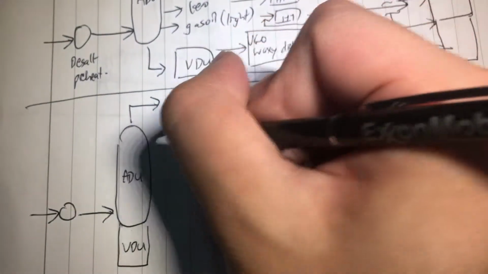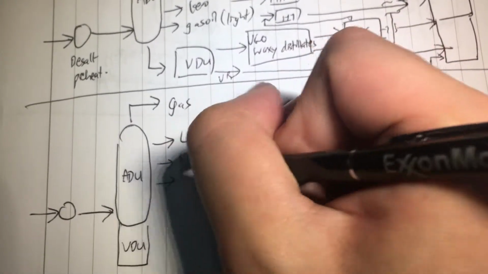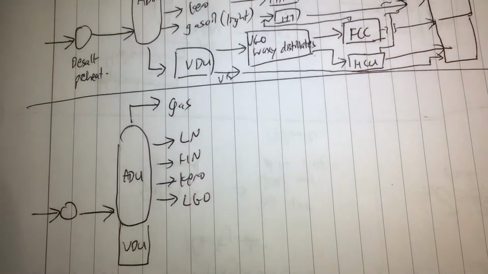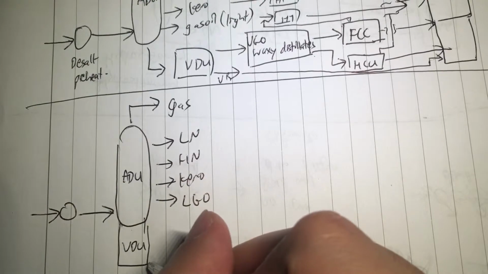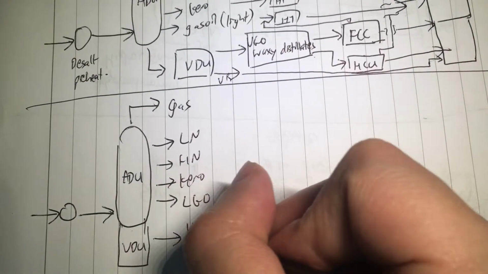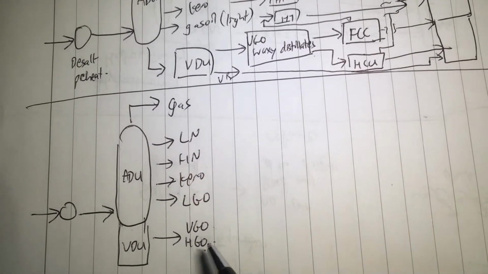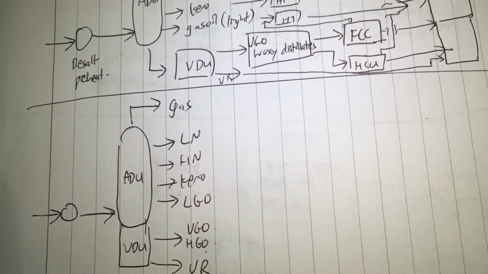So we have the gas, light naphtha, heavy naphtha, kerosene. Okay, I'll just call it light gas oil this time. So for simplicity's sake, I'll put the VGO and HGO here. Vacuum gas oil and heavy gas oil. Both cuts will enter here. And the rest I'll just call vacuum residue.